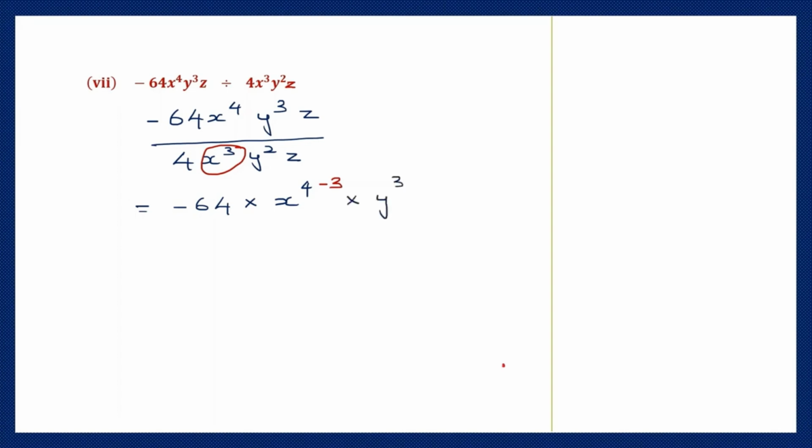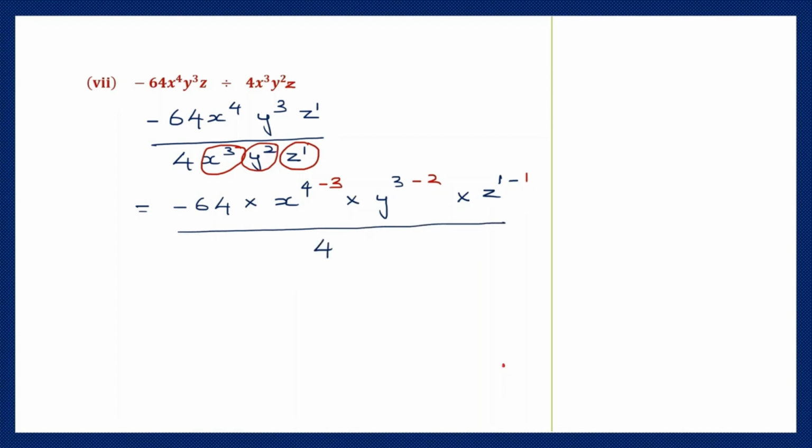Now here I have 2, so that's minus 2 into z to the power of 1 minus 1. So in the denominator now I only have 4 because I've removed x, y and z.